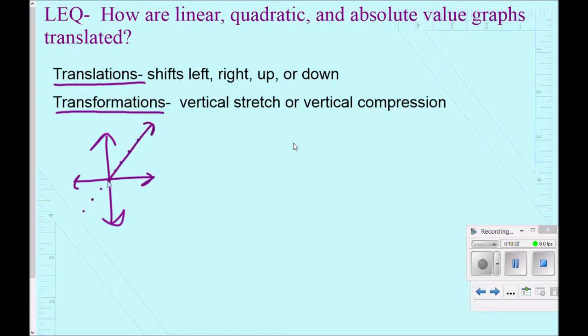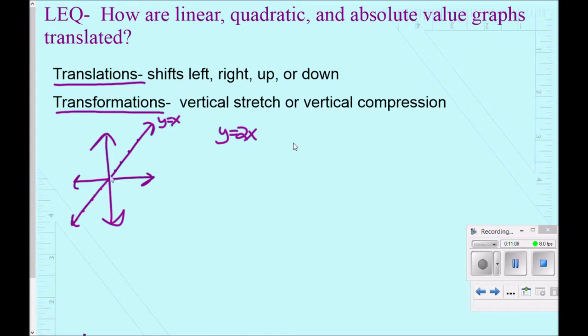So there's my original graph. If I put a number in front of the x, so right now we know y equals x, the number in front of x is just 1. But if I were to, let's say, look at y equals 2x, okay, well 2x, we know from our experience with lines in Algebra 1 that 2 is just the slope. So what happens if we put the 2 as the slope, what happens to the line is that it'll become more steep.